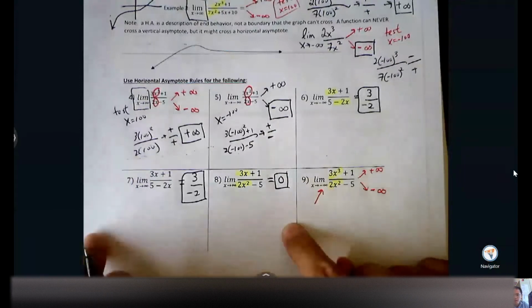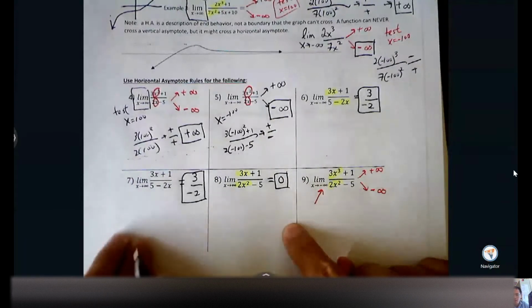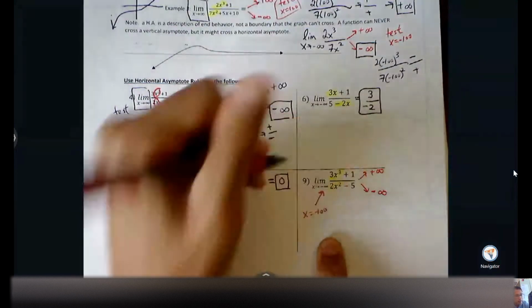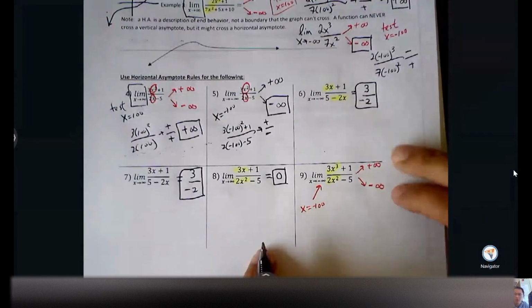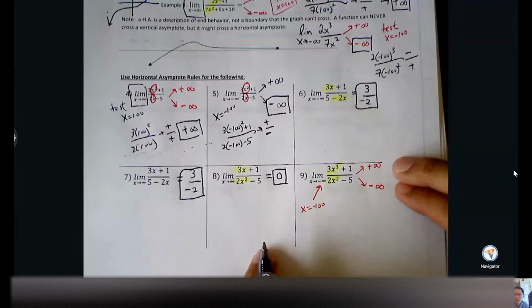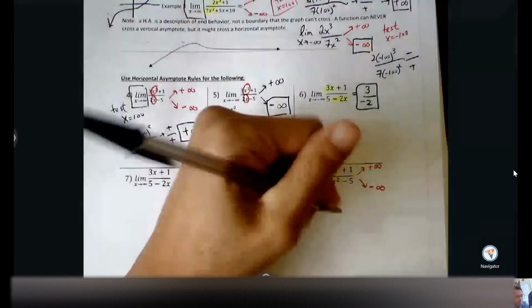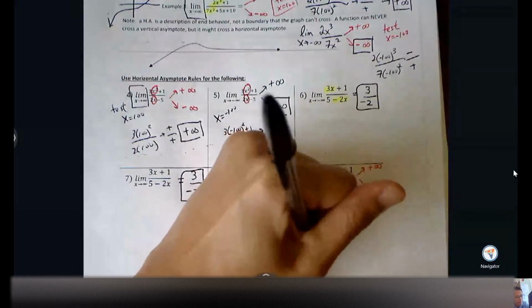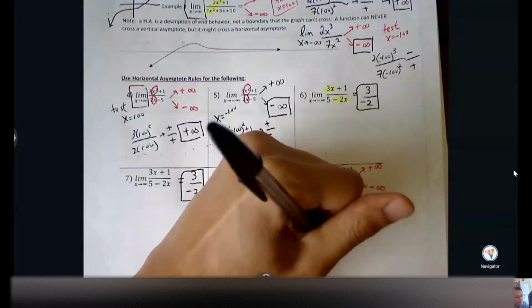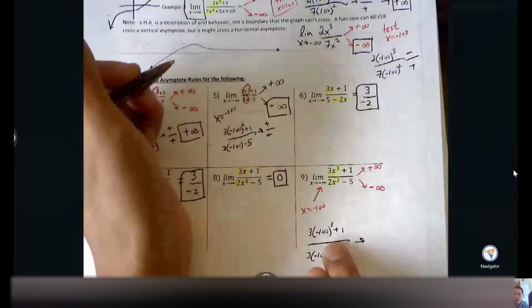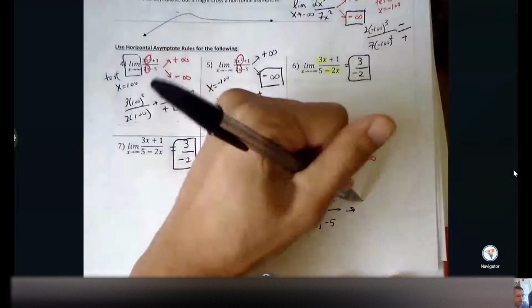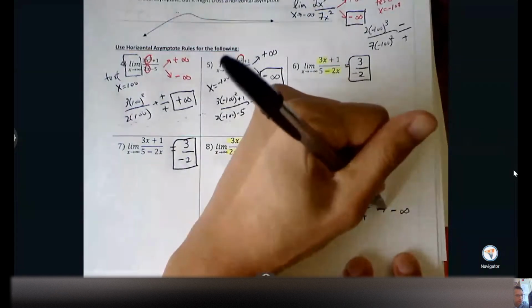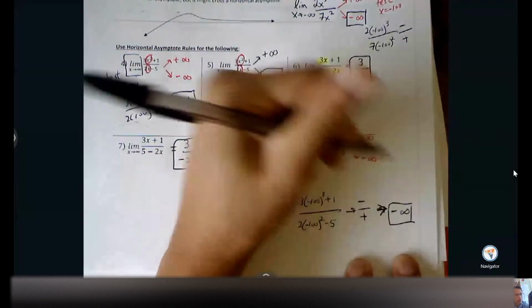And as we exit the graph to the left, a large number that we can choose in that direction is negative 100. And we're just testing so that we can decide between our two options. Numerator is negative, denominator is positive. Negative infinity.